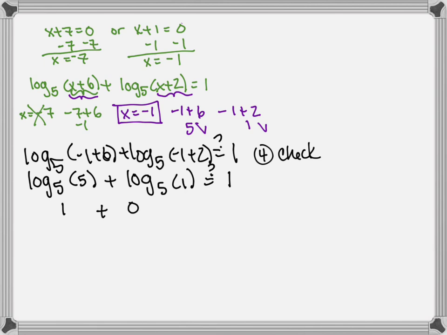Log base 5 of 1 is 0, and 1 plus 0 does equal 1, so that checks out, and x equals negative 1 is our solution. Or we can write it in a set as our solution set is negative 1. Let me add the negative that I left off, so negative 1.